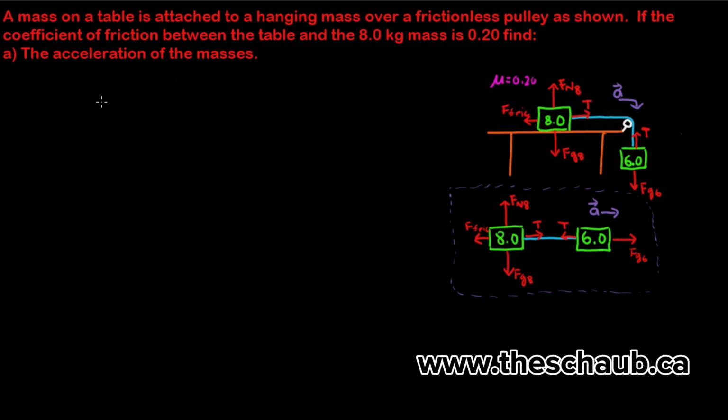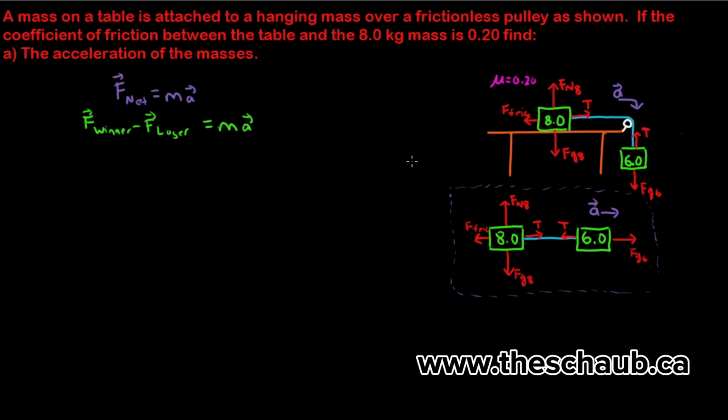To find our acceleration, we start with our standard equation for force. Force net is equal to mass times acceleration. We break our force net up into winners and losers. So we're going to have force winner minus force loser is equal to mass times acceleration.